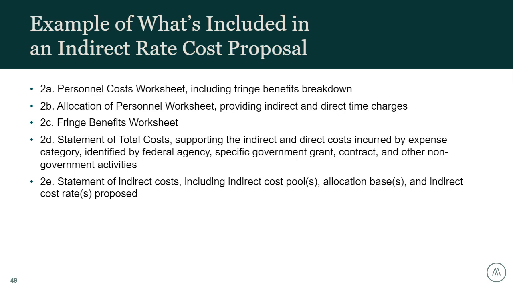And then your statement of indirect costs, again, looking at what makes up your total indirect cost pool. Are there specific costs in there? How do you come up with that base? How do you come up with the rates at the end of the day? They're looking at it as you all are building out those costs. How are you tracking things? Can they look and see, does this make sense?